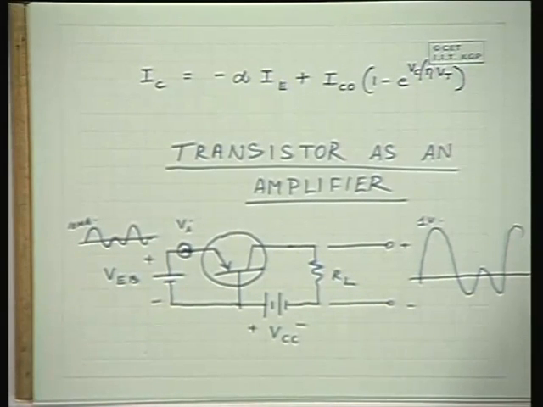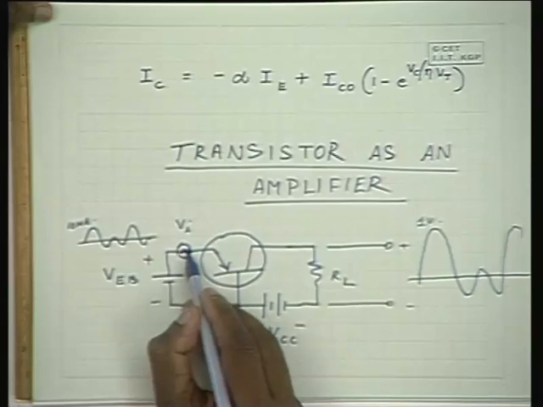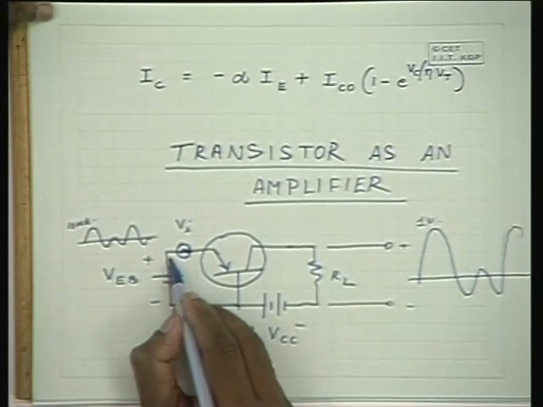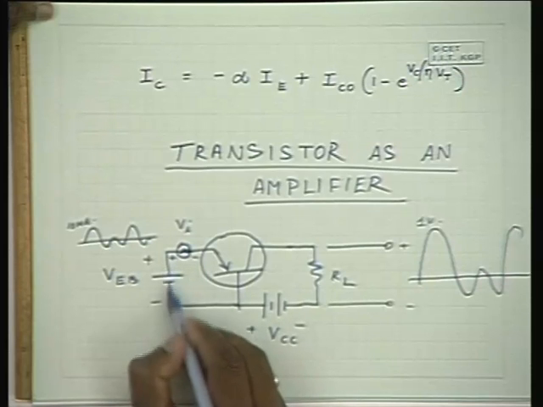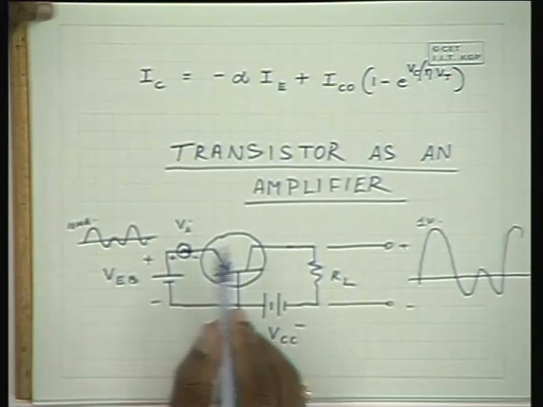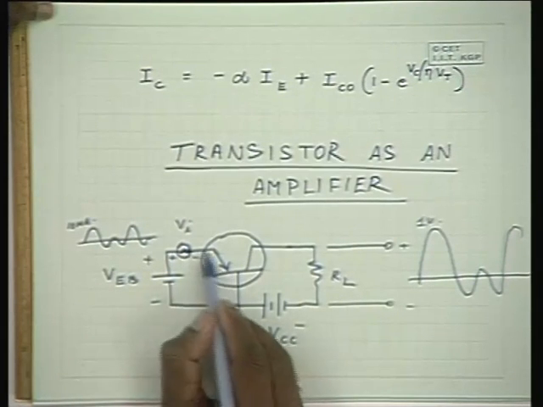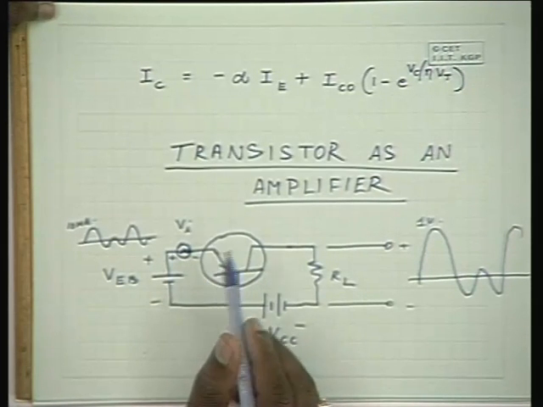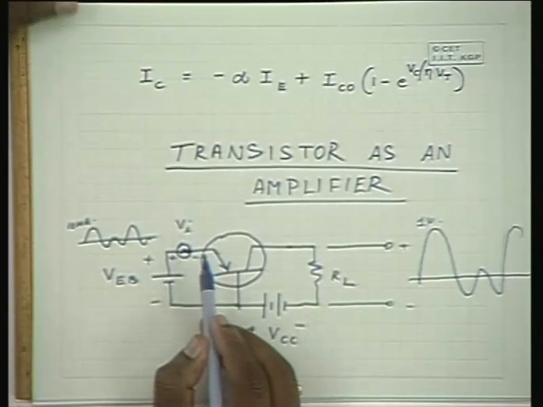So let us see now how this kind of amplification is possible. When you apply a small alternating potential in series with the supply, the forward potential on this PN junction changes according to this voltage.